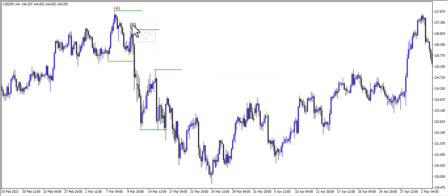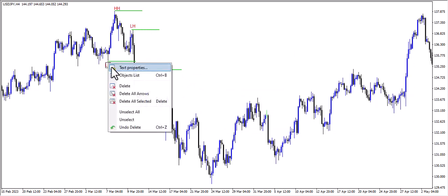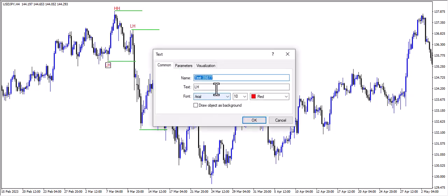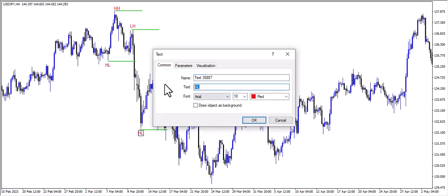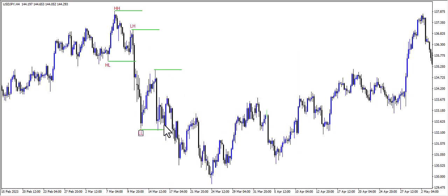And then here we had our higher low. We had our higher low here, but then here we have our lower low. It's lower than this one, and this one is higher than this one.